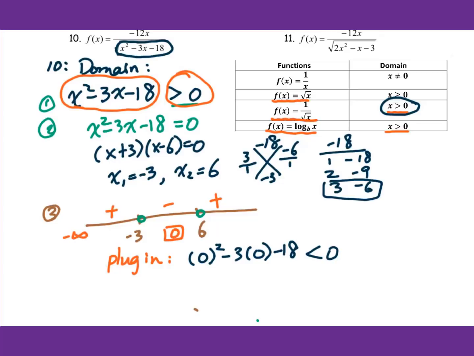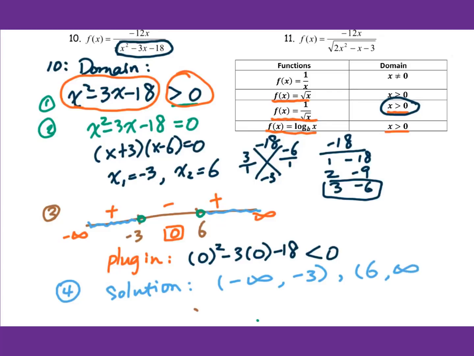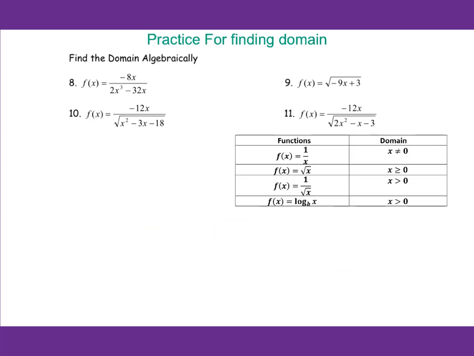We can write down the solution now: negative infinity to negative 3 and 6 to positive infinity. This will be the domain to number 10.